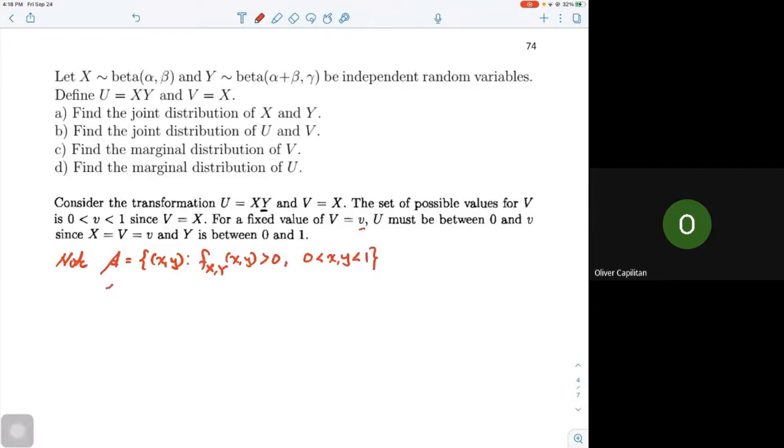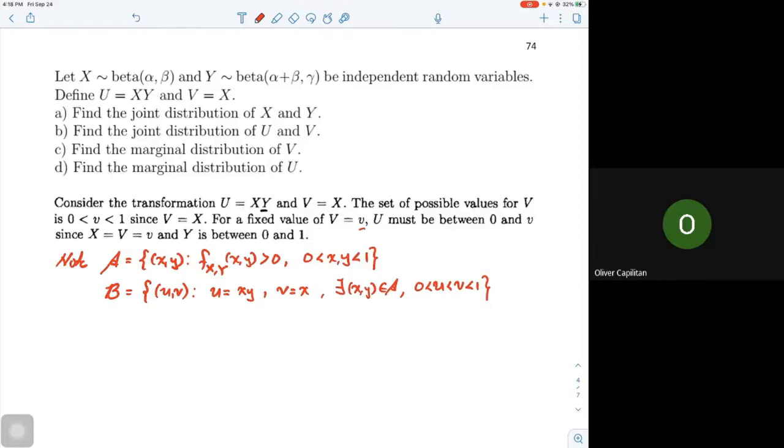And then we define our script B to be the set of all ordered pairs (u, v) such that u is equal to g sub 1 of (x, y), a function of x and y, equal to the product xy, and v is simply equal to x, for some (x, y) in script A. So we know that u is a value between 0 and v.